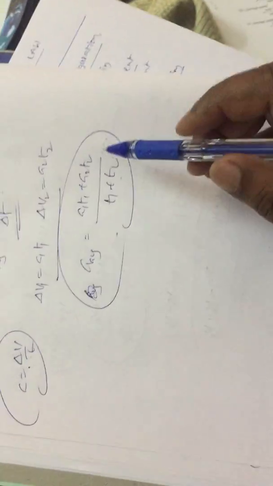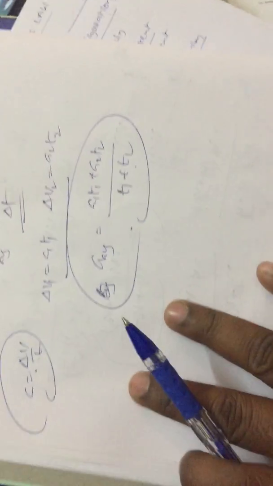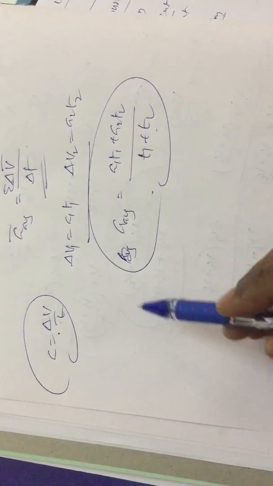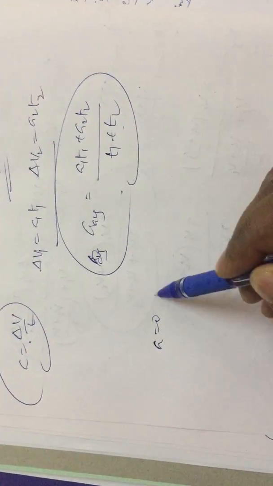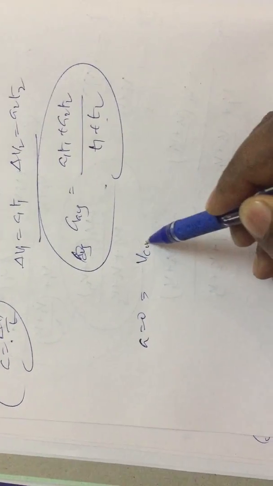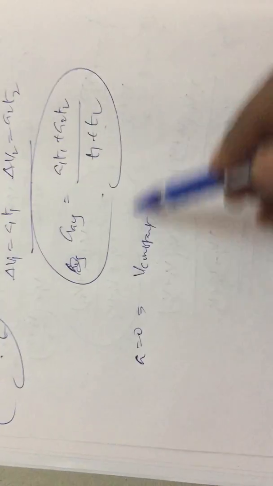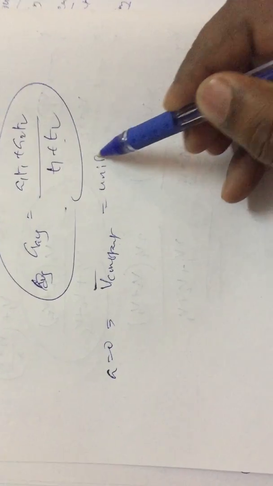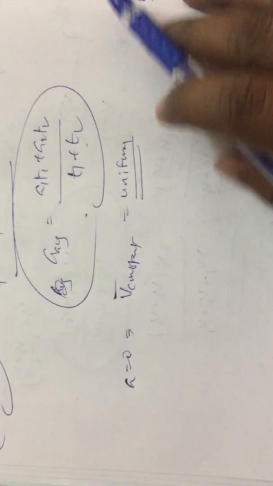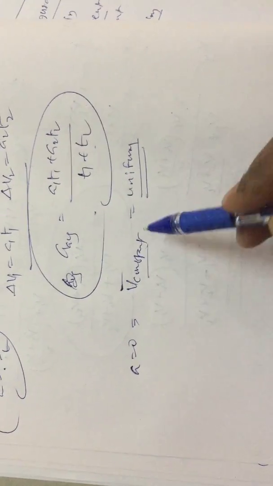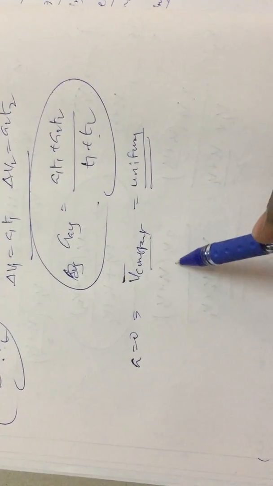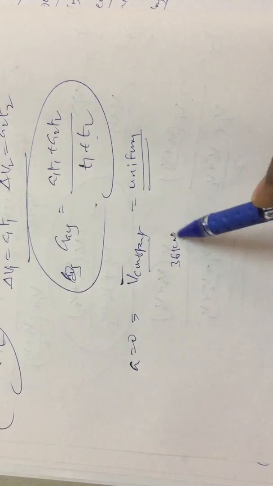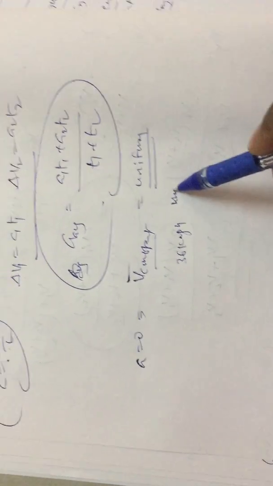After this concept, another important point: acceleration equals 0 for constant velocity, which is uniform motion. Most of the time they ask a question based on this concept, such as a particle moving with 36 kilometer per hour uniformly.